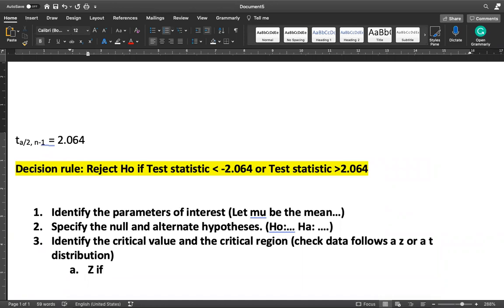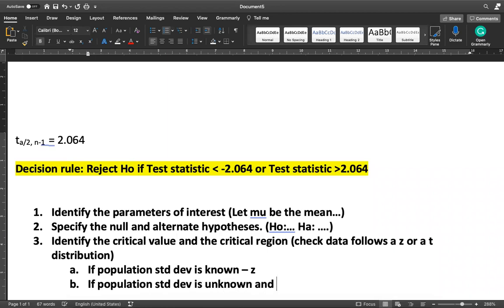If population standard deviation is known, we use a Z, right? If population standard deviation is unknown and sample size is large, right?